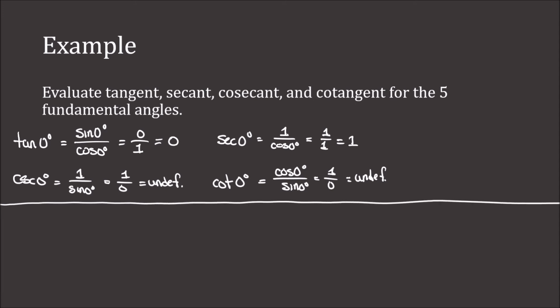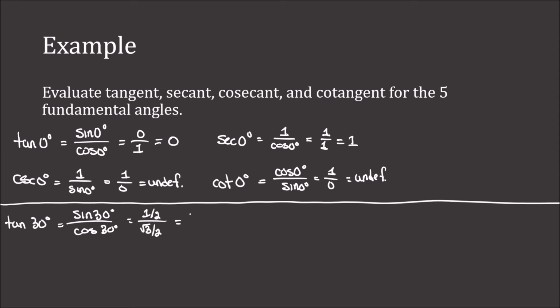If we now look at 30 degrees, so tangent 30 degrees, that's sine of 30 over cosine of 30. So the sine of 30 was a half, cosine of 30 was root 3 over 2.